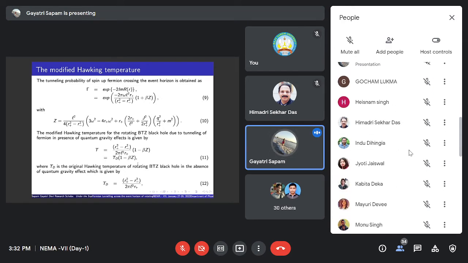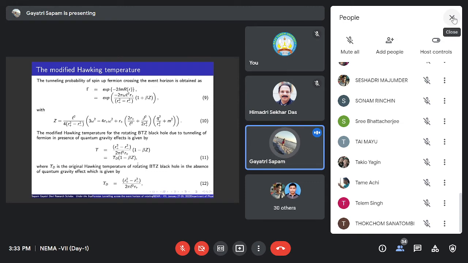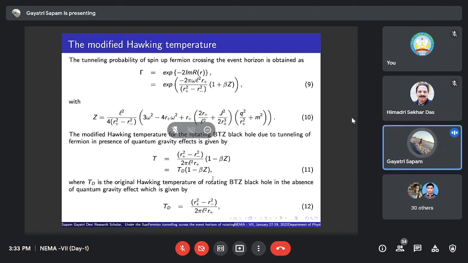This is the result that most of the papers that I have listed before have discussed and mentioned. So the same result I got in this calculation. The rise of the temperature is lowered when we consider the quantum gravity effect.